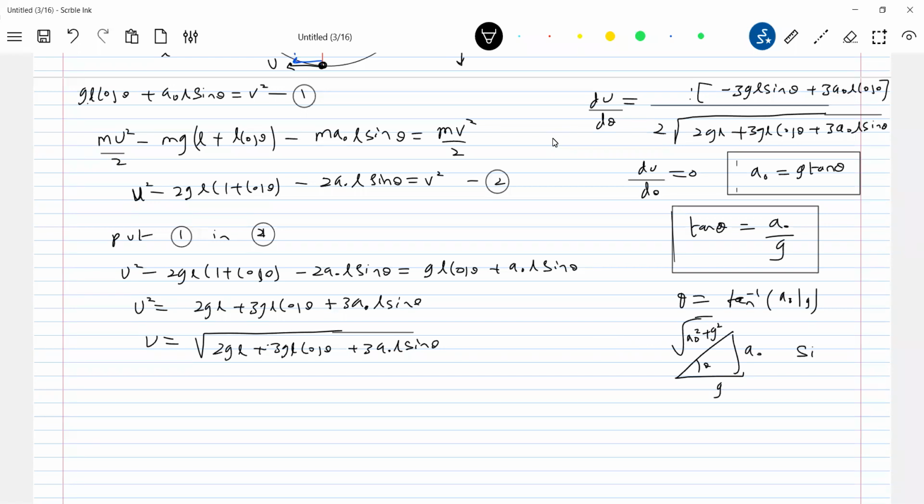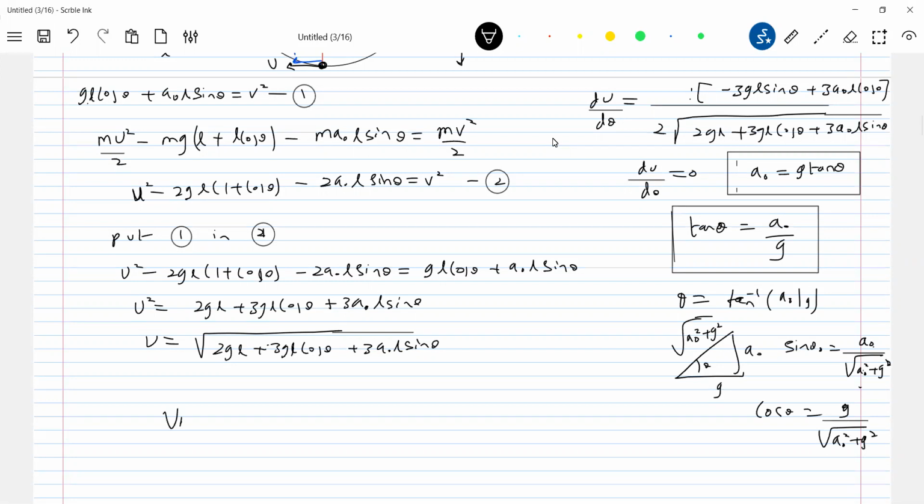Sin theta will be A naught by root of A naught square plus G square, and cos theta equal to G by root of A naught square plus G square.